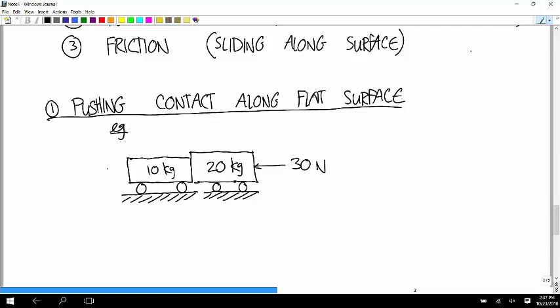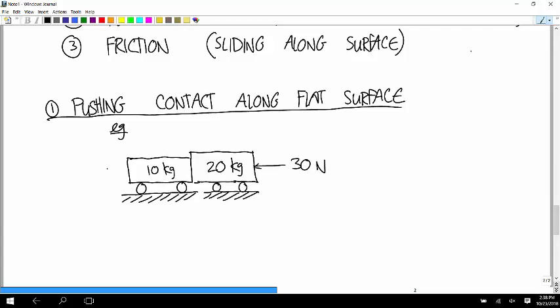Okay, so where is pushing contact along a flat surface occurring? In this case, it's occurring in three spots, if you consider that we're dealing with these as particles, and so we're not making a distinction between the two wheels of each, or I guess it's really four wheels if you think of it as three-dimensional.